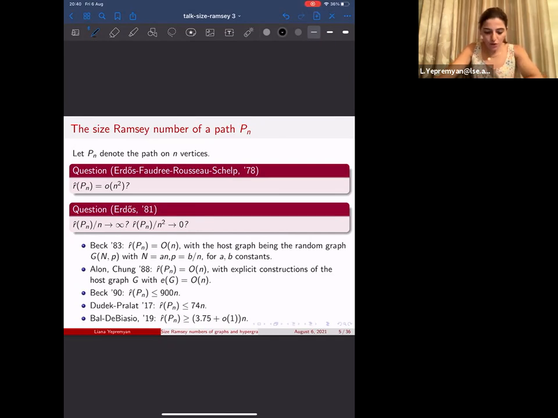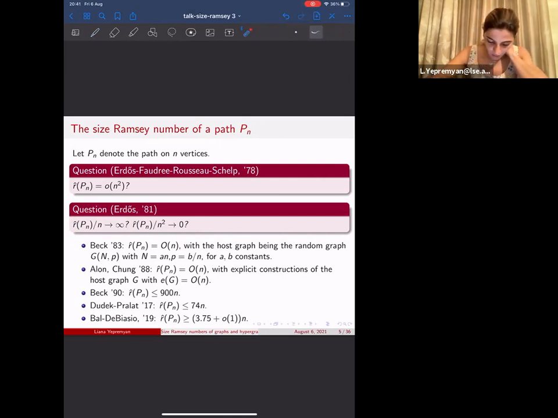And then later Erdős asked stronger questions. He asked whether it is superlinear or subquadratic. This was proved by Beck, who proved that the size Ramsey number is actually linear.